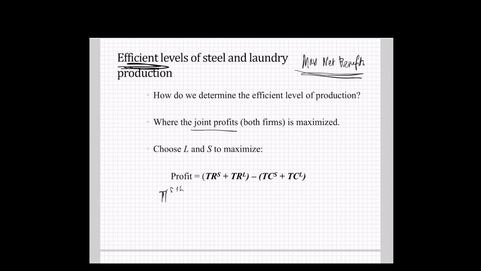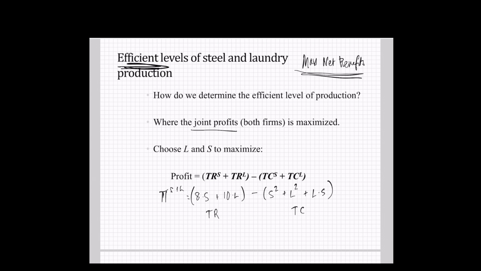S and L. The total revenue would be $8 times the quantity of steel plus $10 times the quantity of laundry. Right? That's the total revenue of the joint two firms. And then the cost is, well, the steel had that cost, if you remember, S squared. The laundry had their L squared, and then the interactive component, or the interaction. And this was total cost.